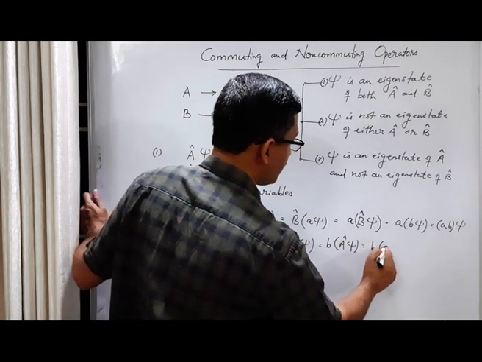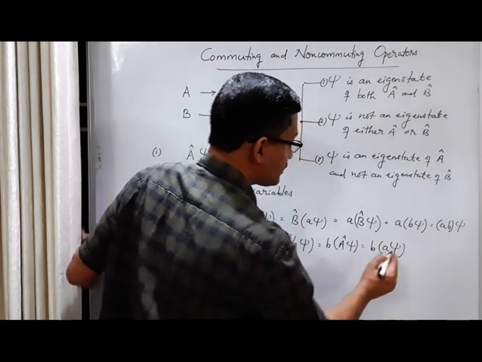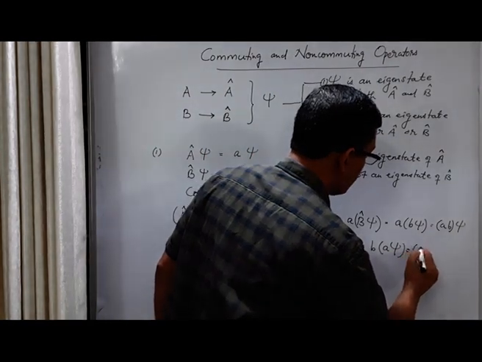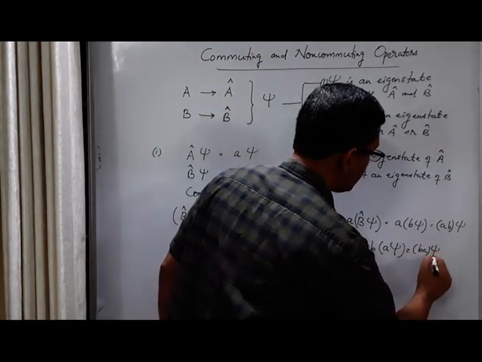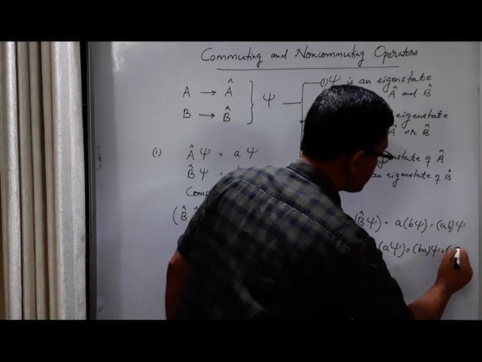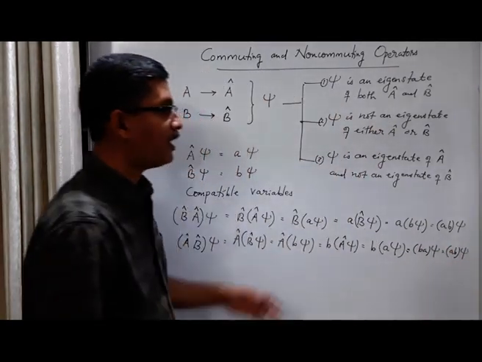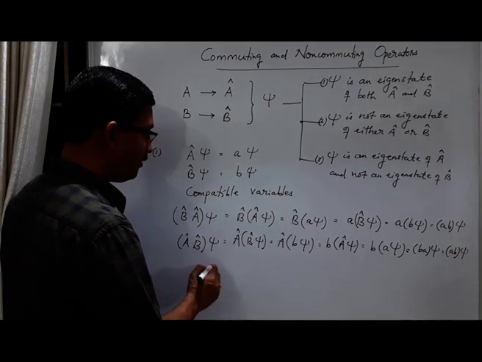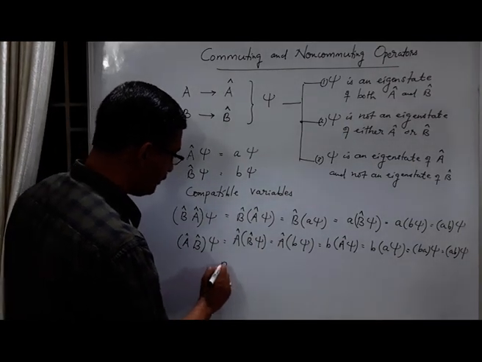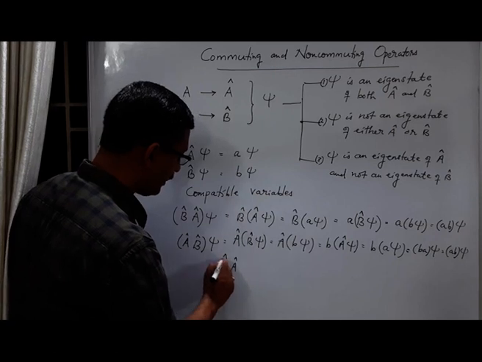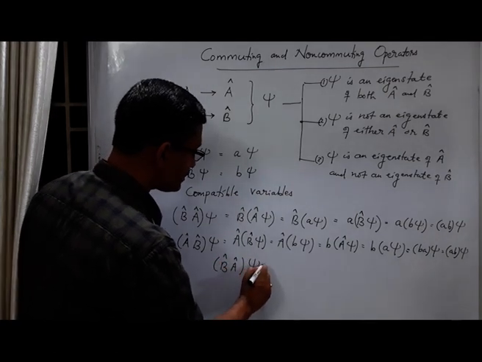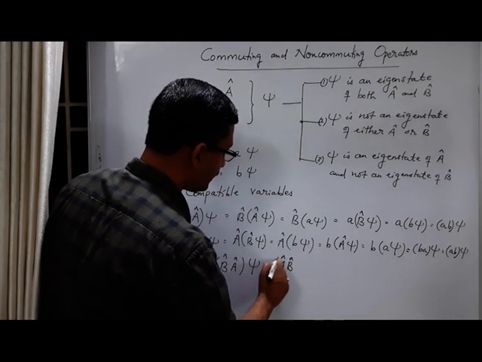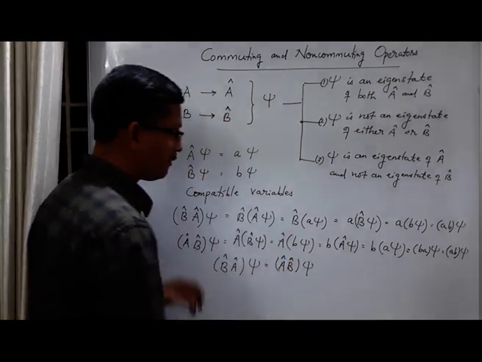When A acts on psi we get small a times psi, again there is no change in the state, so this is ba times psi, which is the same as ab times psi. So the final state is the same. So BA acting on the eigenstate psi is equal to AB acting on the eigenstate psi.